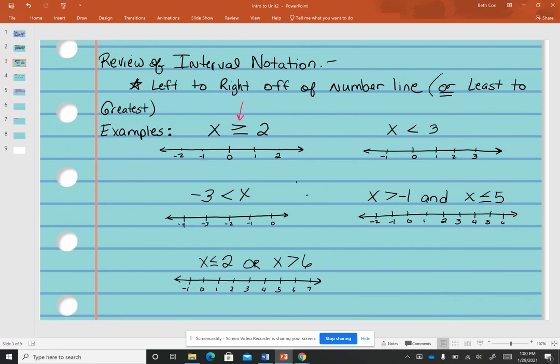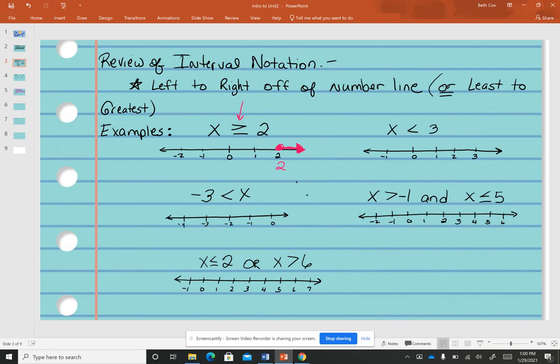This first one says x is greater than or equal to 2. That means color all the numbers greater than or equal to 2. So I'm going to color 2 and all numbers greater than or equal to 2. Now the interval notation would be left to right off the number line. So the left number that's colored is 2.